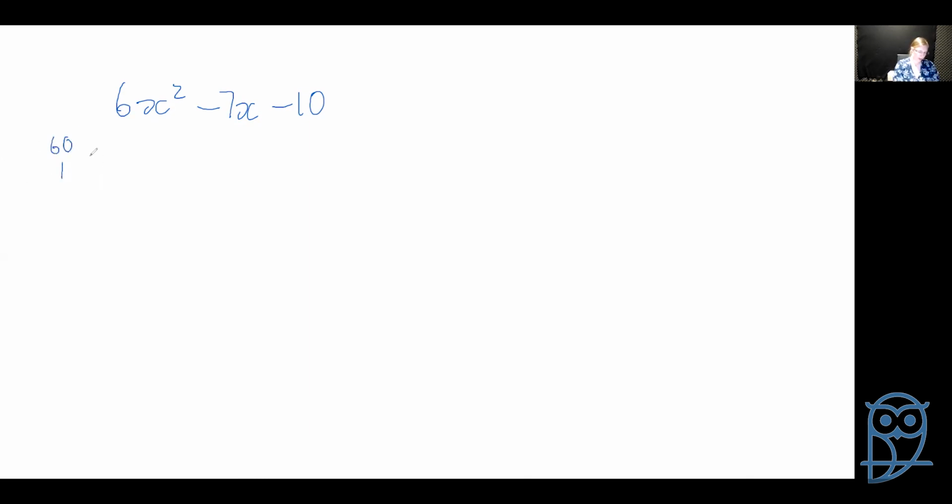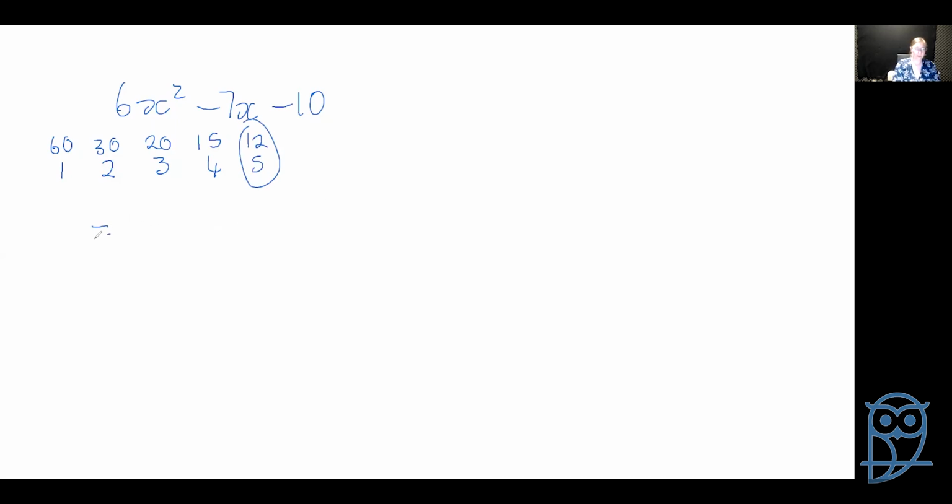We have 60 and 1. We have 30 and 2. We have 20 and 3. 15 and 4. And 12 and 5. This is a minus, so we know we need to subtract in order to get to this 7 over here. So 12 minus 5 gives us 7. So those are the ones that we're going to use.